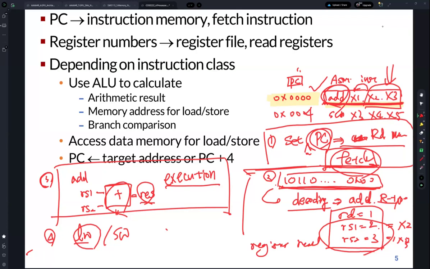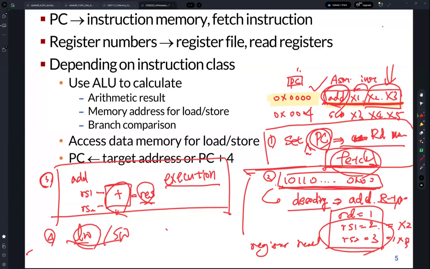For example, the arithmetic instructions such as add, sub, and some other instructions require the arithmetic unit. We learned in chapter 3 that these instructions require arithmetic units to generate results. But some other instructions such as the load instructions and store instructions need to access memory.